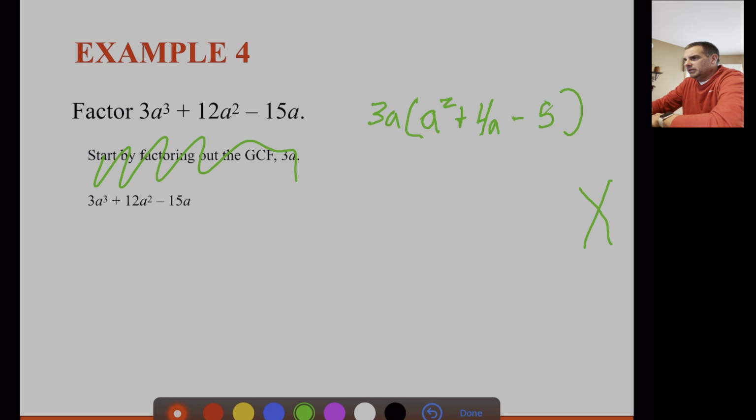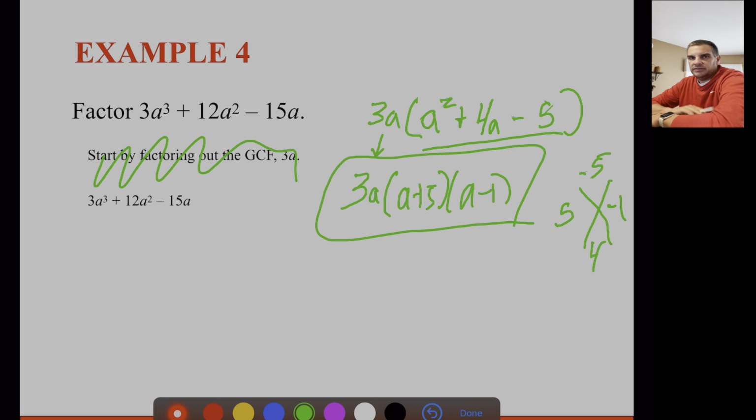Now you've got -5 and 4, so 5 and -1. 5 times -1 is -5, and that gives me 4. So now you bring this 3a along for the ride, and you've got a plus 5 and a minus 1. That's the factor of this.